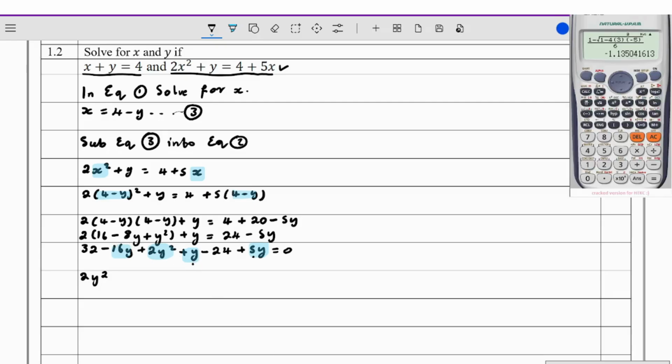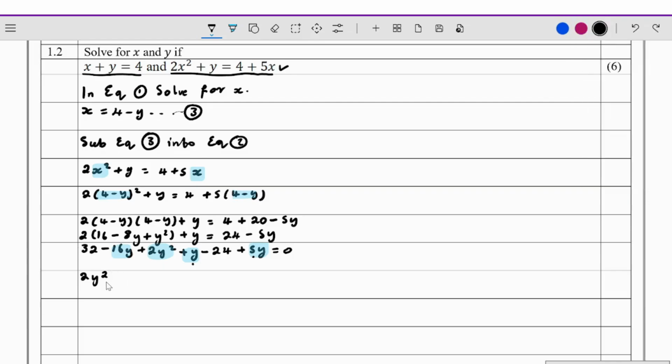Guys, let's use our calculators where it becomes very tricky. So negative 16 plus 6, it becomes negative 10. So this will become negative 10y.